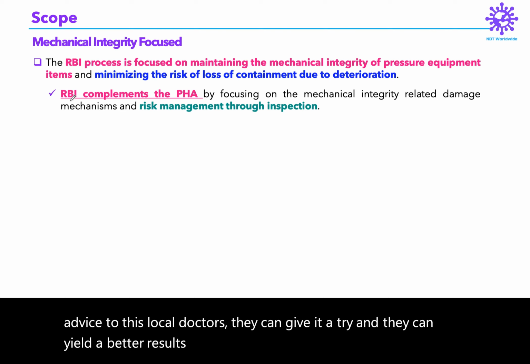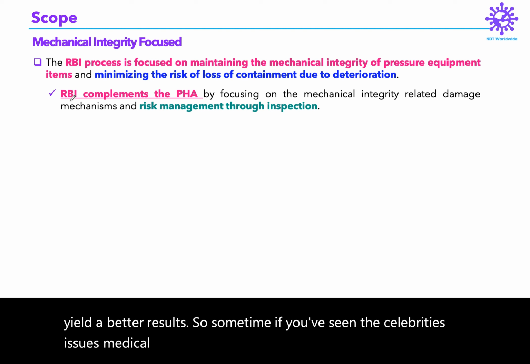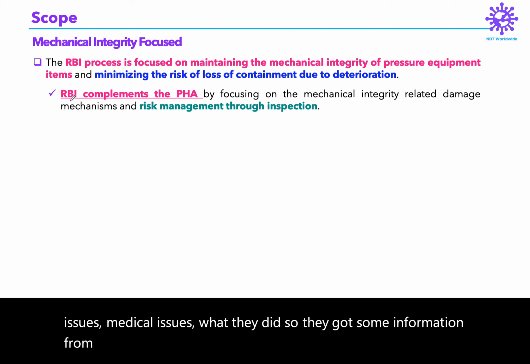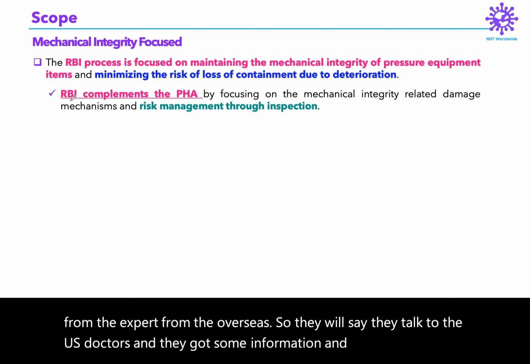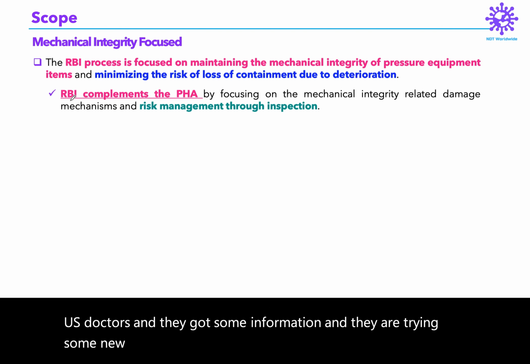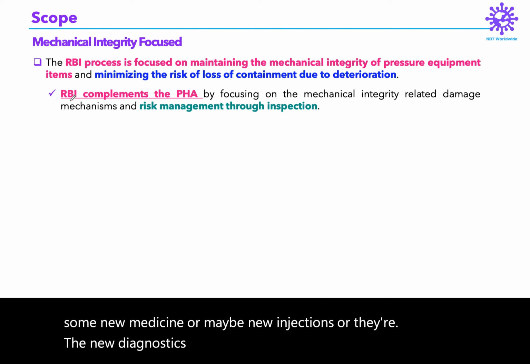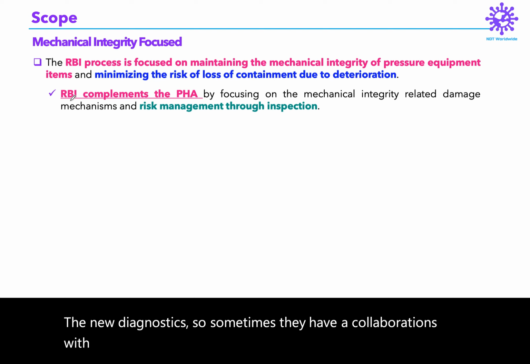Sometimes if you've seen celebrities' medical issues, what they did was get some information from an expert from overseas. They talk to the US doctors and get some information, and they try some new medicine or new injections or new diagnostics. So sometimes they have collaborations with expertise from overseas.